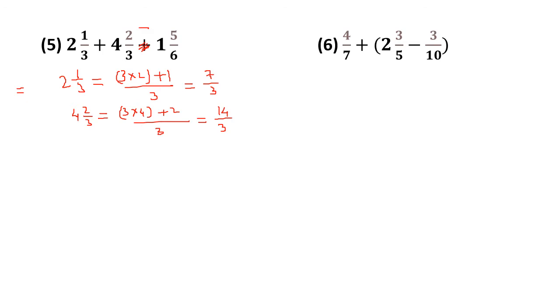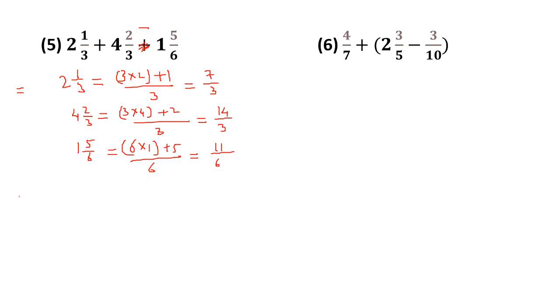In the last case, 1 whole 5 over 6. So this gives you 6 multiplied by 1 is 6. 6 plus 5 is 11. 11 over 6.